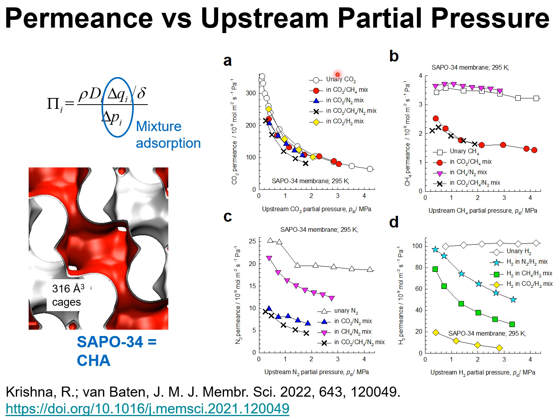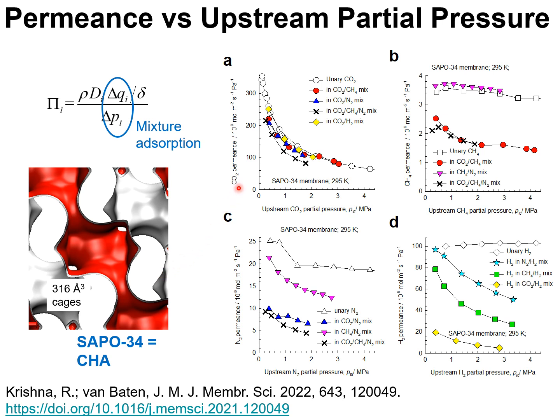I repeat, the diffusivity of a component in a mixture is identifiable with the unary diffusivities, in cage window structures such as Chabasite, DDR, LTA, ITQ29, ZIF8.